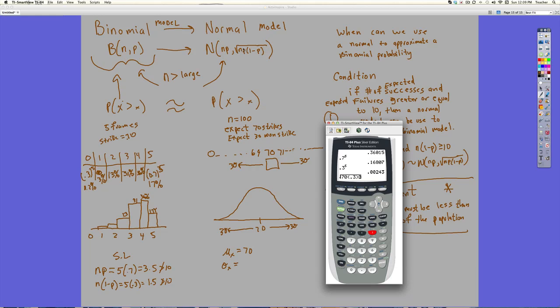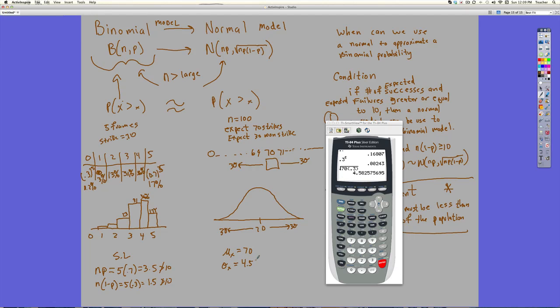So n times 0.7 times 0.3. The standard deviation is only 4.58.